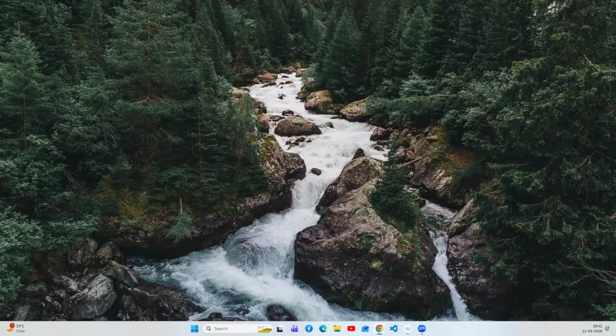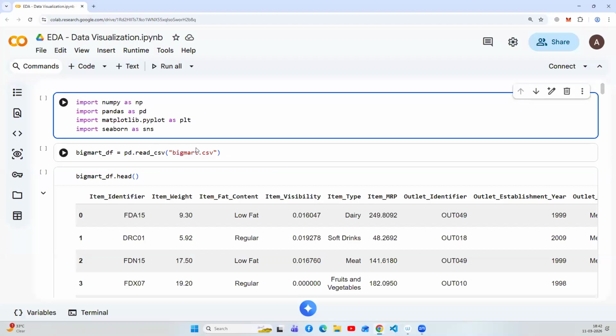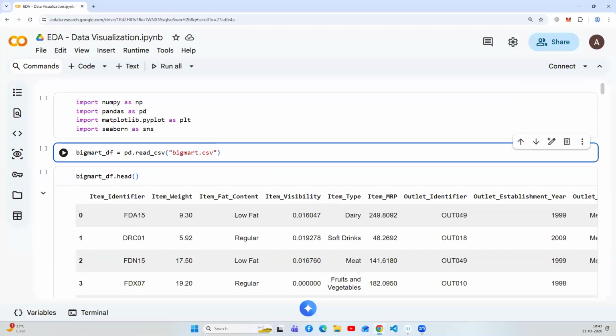In yesterday's session, I had taken a new data set, which is Big Mart.